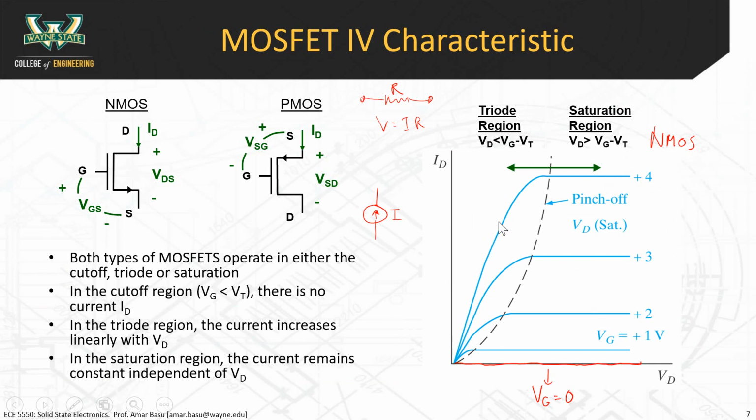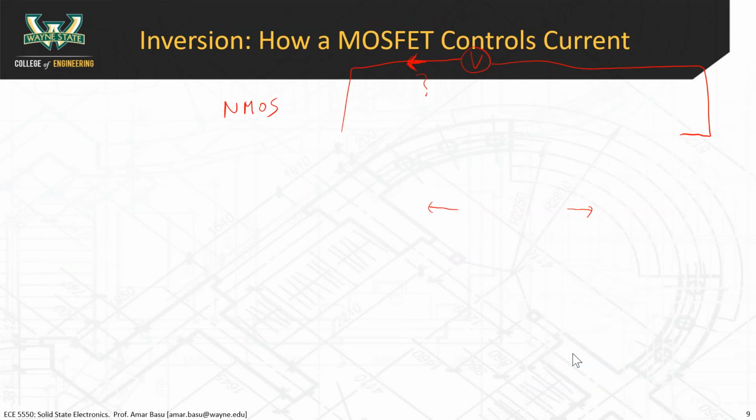At larger values of VD, then it becomes more parabolic. That's when this VD squared term is kicking in. At small values of VD, these look like linear functions. But now we're talking about the saturation region, when VD is greater than Vg minus Vt. And this is where you see mainly flat current profiles.